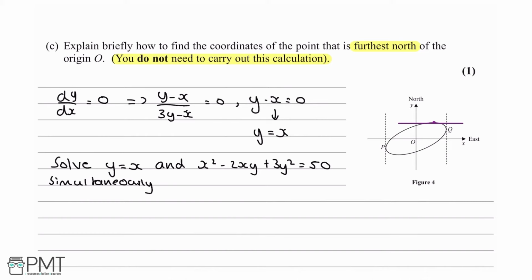And then from here, you would choose a positive solution, because if we look here, our furthest north point has positive x and positive y. This question is worth 1 mark, and you get 1 mark for writing exactly what I have written here.